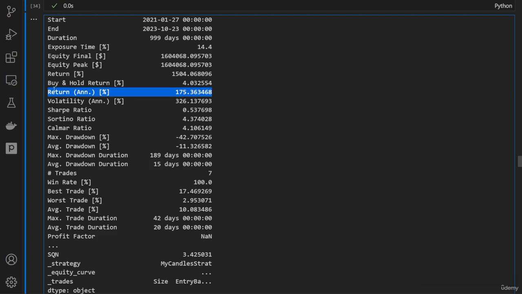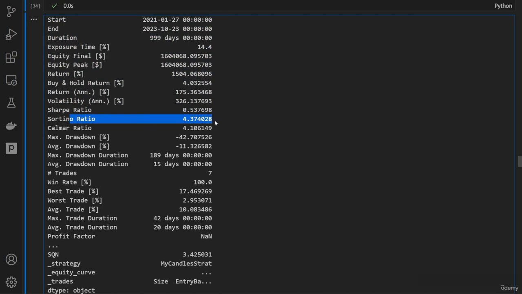I don't know if it's a good thing to take that much risk, because we can notice that the Sharpe ratio is now less, 0.5, because the risk is greater, and the standard deviation or the fluctuation of our equity is more important, and this is why the Sharpe ratio is decreasing. This would indicate that we have higher returns, but the risk is greater. This is why the Sharpe ratio is lower.